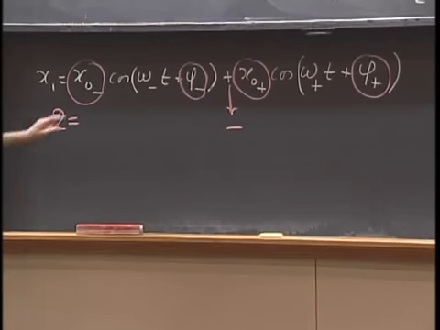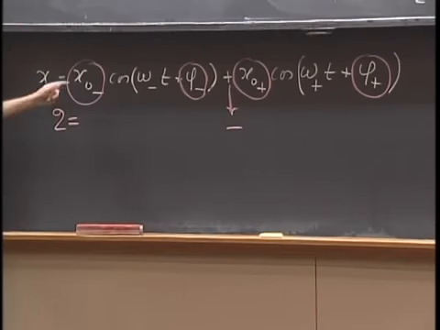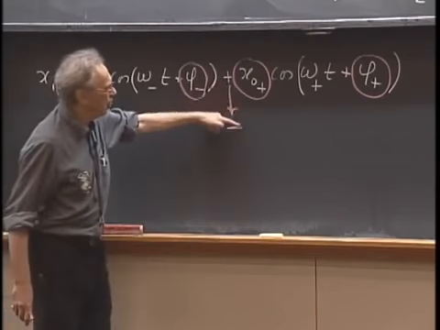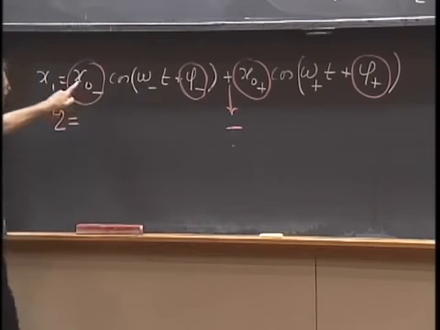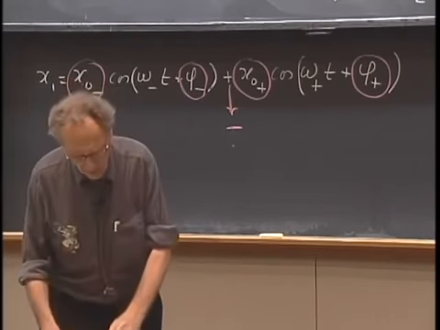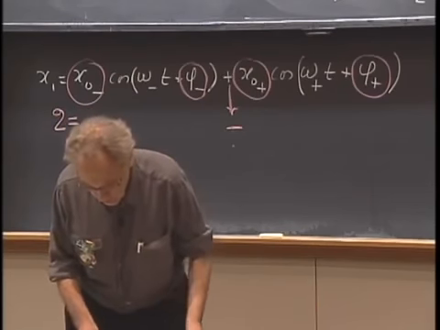The frequencies are the same, otherwise they wouldn't be normal mode frequencies. And it is the ratio here of the C1 over C2 that is plus 1, and it is the ratio here that is the minus 1. That's the reason why this becomes a minus and why the plus here remains a plus. So that now is the general solution if you also know the initial conditions.